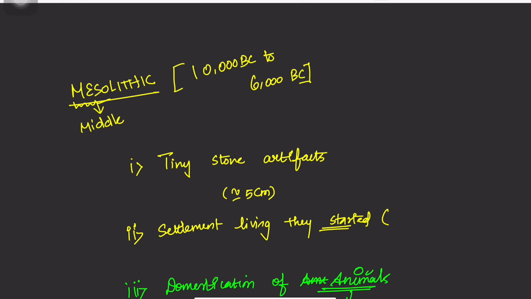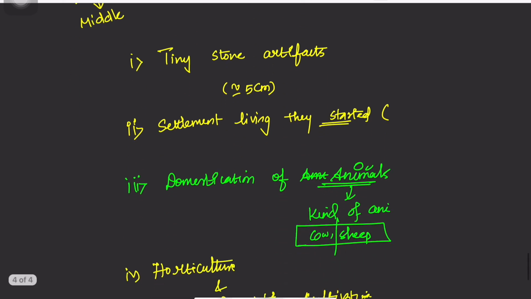Okay, then burials of the dead along with some microliths and tools. The kind of afterlife belief is why they buried people with their tools and products. Okay, burial started. Before that, there was no burial.